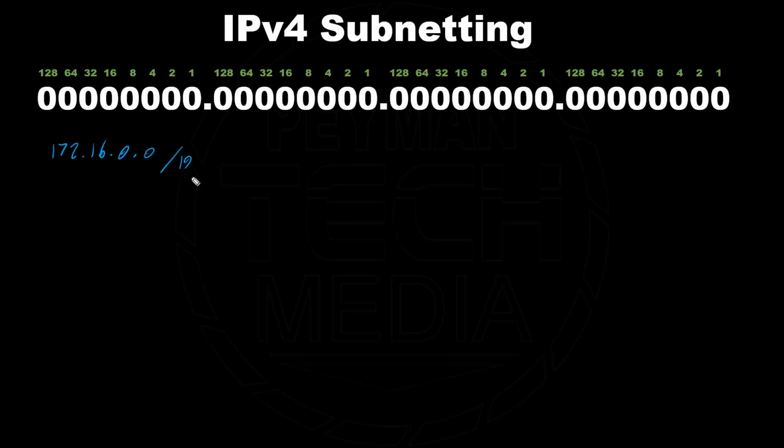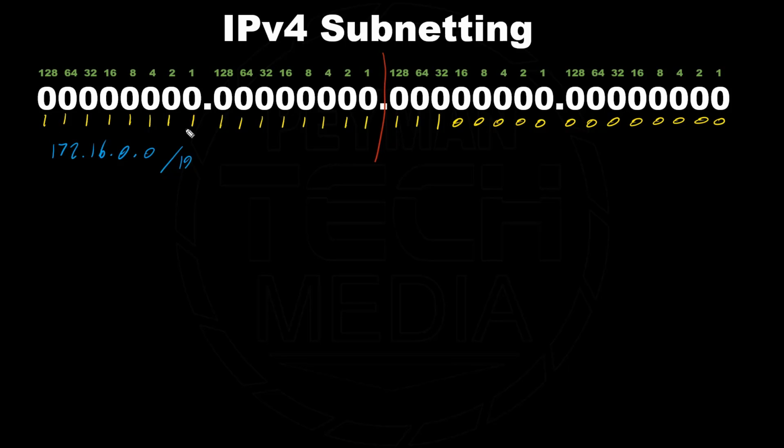Let's find out. So 19 bits: 1, 2, 3, 4, 5, 6, 7, 8, 9, 10, 11, 12, 13, 14, 15, 16, 17, 18, 19. And the rest of them are 0. For class B, the default subnet mask is 255.255.0.0, so the cut line is here.